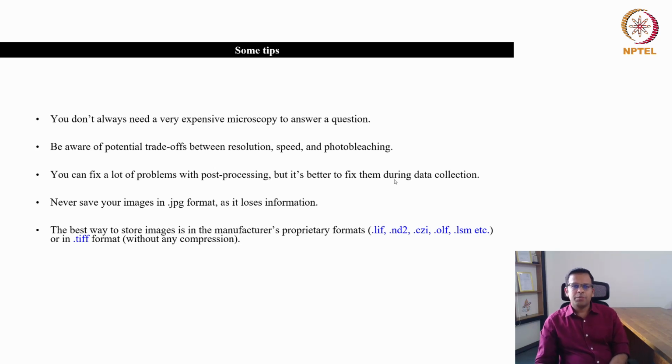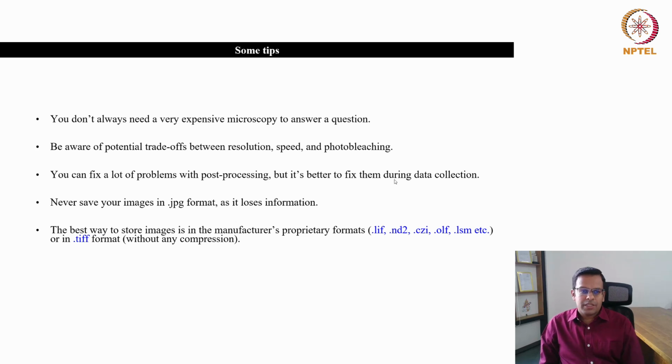Try to adjust your imaging parameters or your microscope in such a way as to collect the best quality data, and then you use whatever image processing software you want, like deconvolution or filtering. But that doesn't mean that, even if you could have captured better quality images, you didn't focus on capturing them because you are relying more on post image processing. Okay.